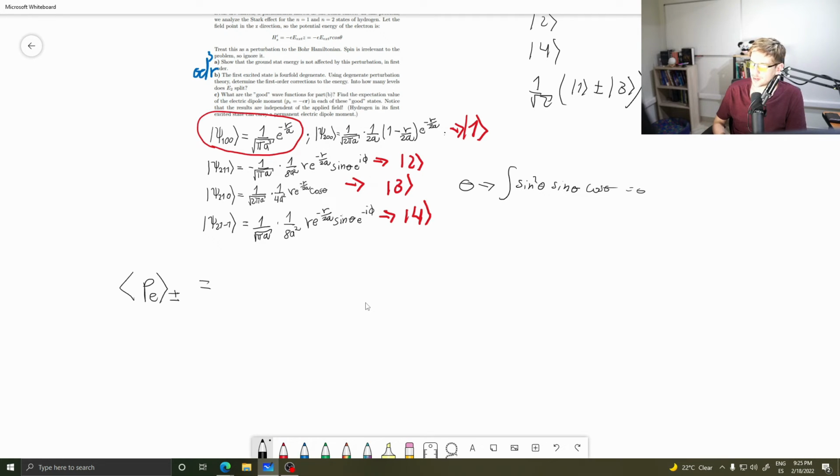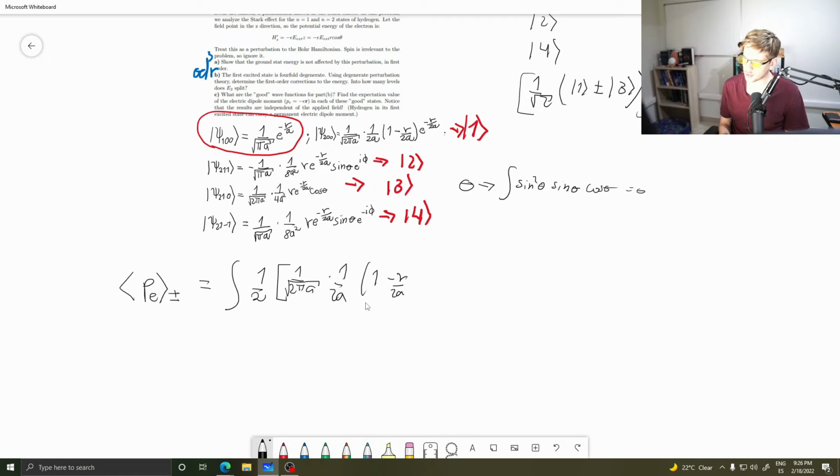This will be, let's see, the integral of, now we get states, and this is the thing, we have to take this and square it. Technically, yeah, we're multiplying by the complex conjugate, but nothing here has an imaginary part, so it's the same as squaring. So we get 1 over 2, and then state number 1, so 1 over square root of 2 pi a times 1 over 2a, 1 minus r over 2a.